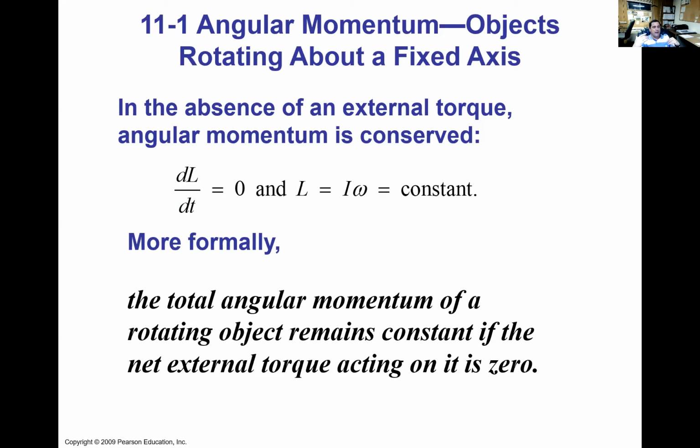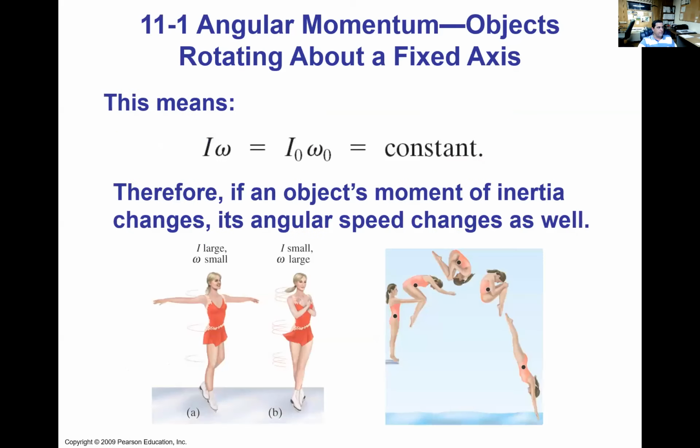In definition form, the total angular momentum of a rotating object remains constant if the net external torque acting on it is 0. Therefore, if an object's moment of inertia changes, its angular speed is going to change as well.